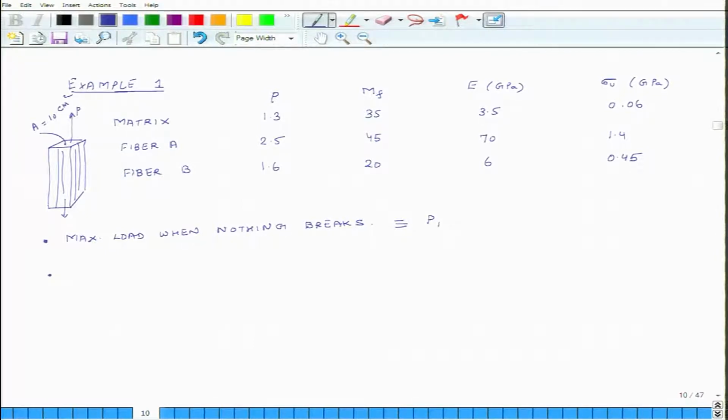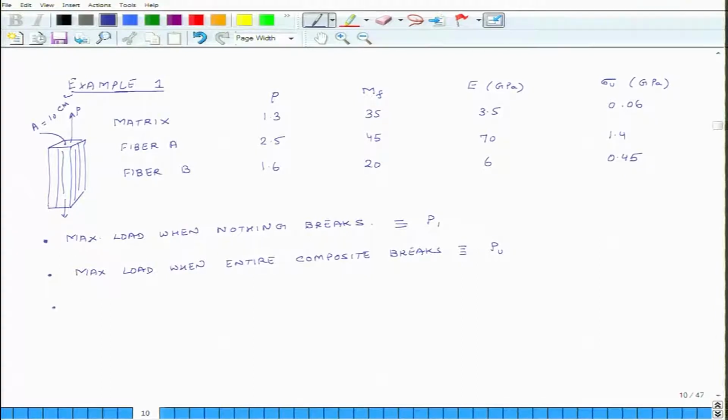Second question is, what is the maximum load when the entire composite breaks? We call it P ultimate.